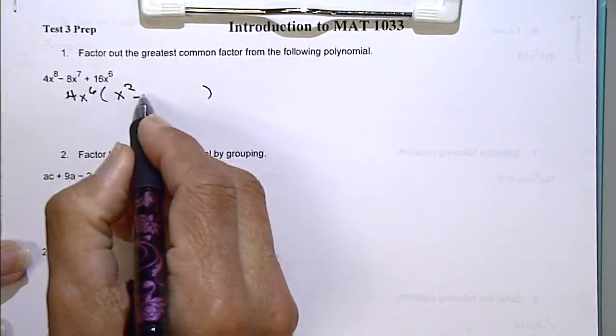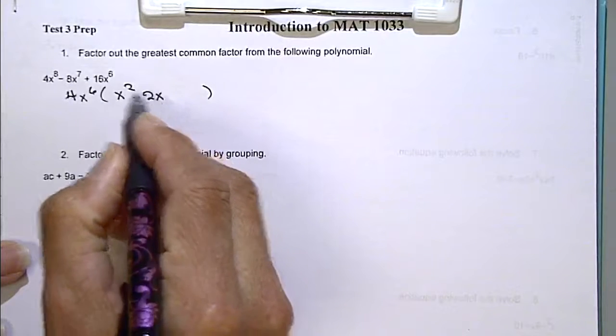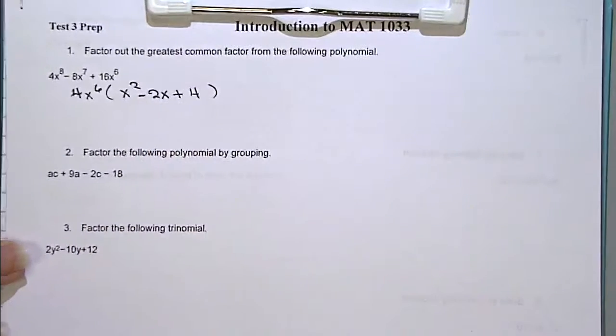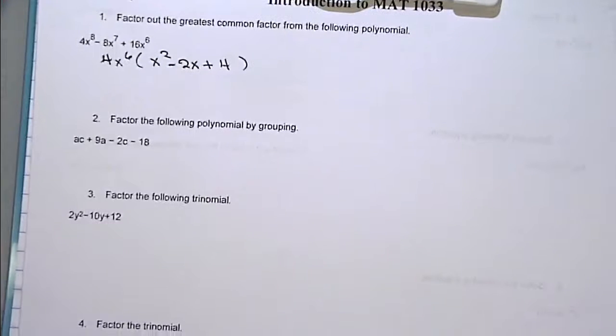This one, of course, is going to be a negative 2x, and this one is going to be a positive 4. So when I factored out 4x to the power of 6, that's what I got. That's all I'm required to do. I don't even have to look at that trinomial to see if it will factor further, because it said factor out the GCF.